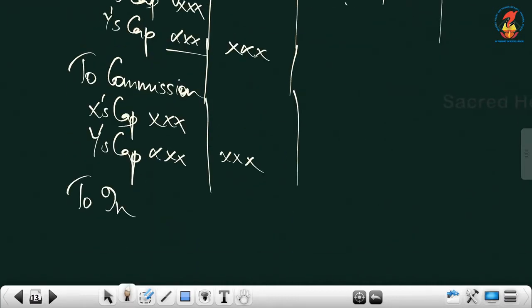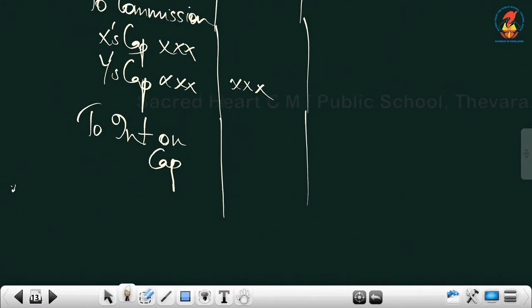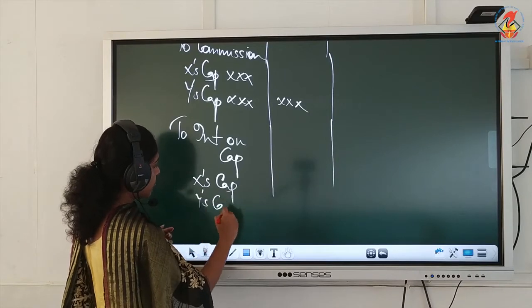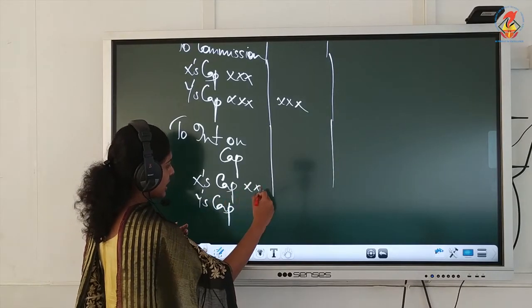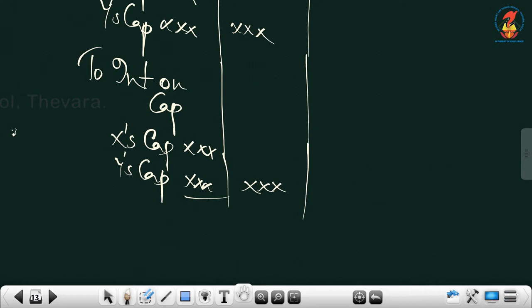Then what all items you pay from this profit will be shown on this debit side, and usually these are the items which you will pay. That is interest on capital. It's something which you have to pay the partners. Again in a column you have to write to whom you are paying, mention their names like X and Y. Then if there is something like reserves, you have transferred some amount out of profit to reserves.